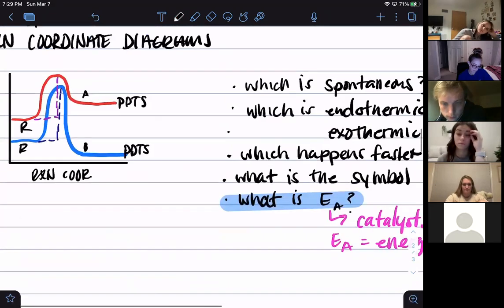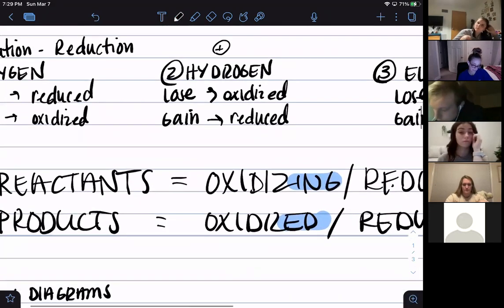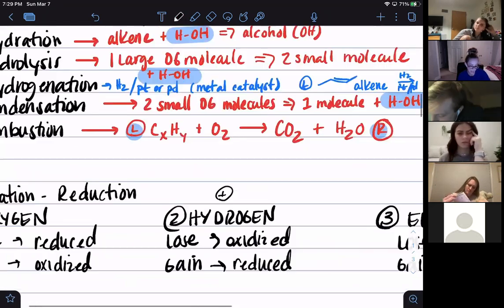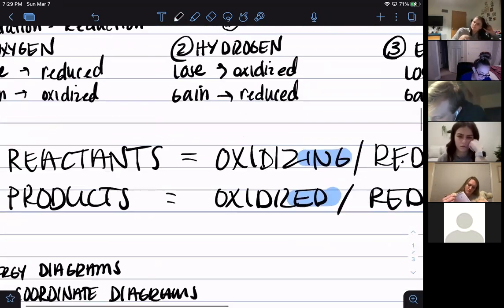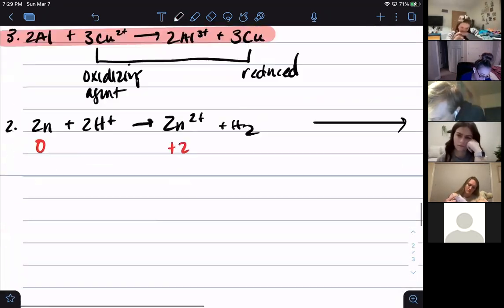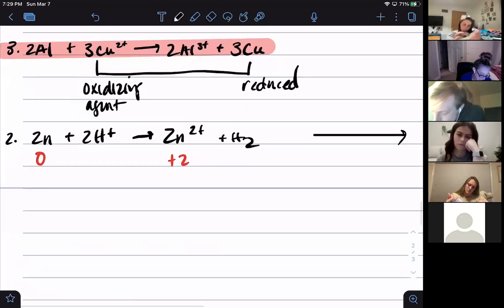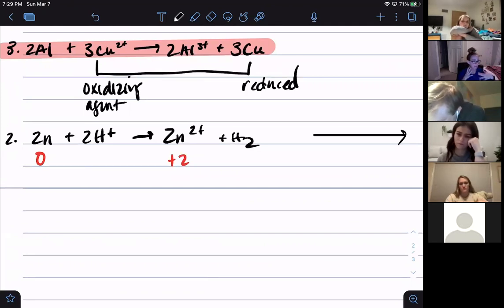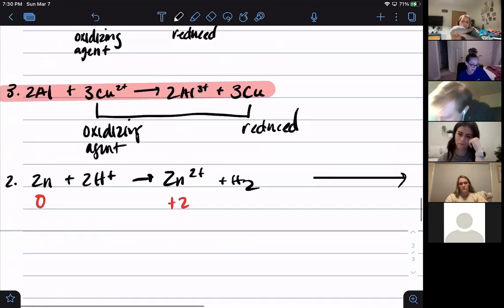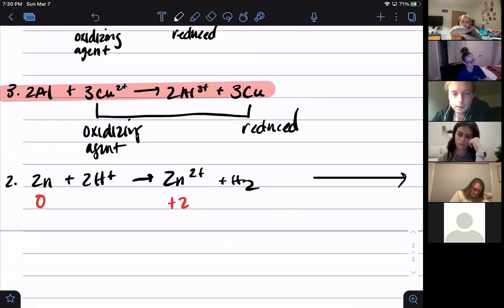It was oxidized. Exactly. Okay. But the thing is too, are we losing hydrogens or gaining hydrogens, right? You have to think about it. What's really happening? Okay. So he's oxidized. And then what happens to this hydrogen, this 2H? It's reduced. Okay. Does that help?